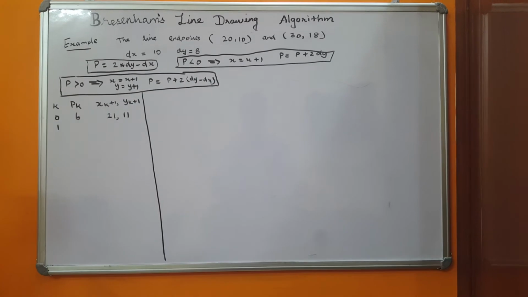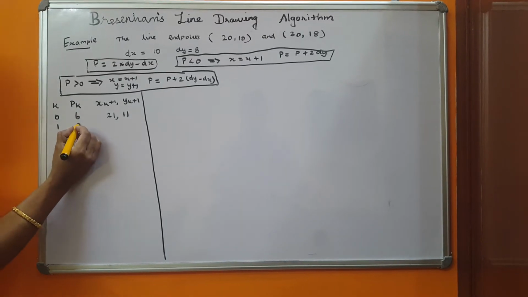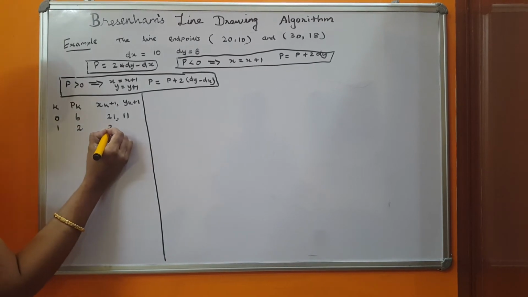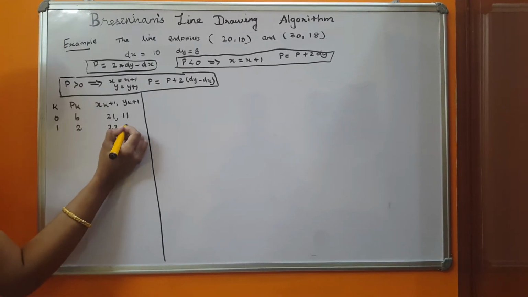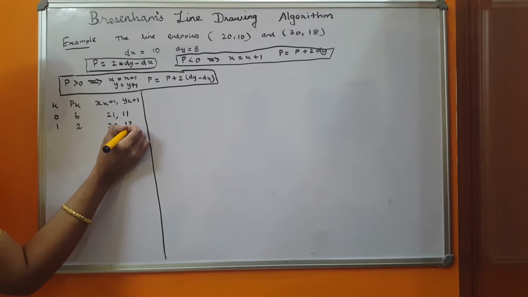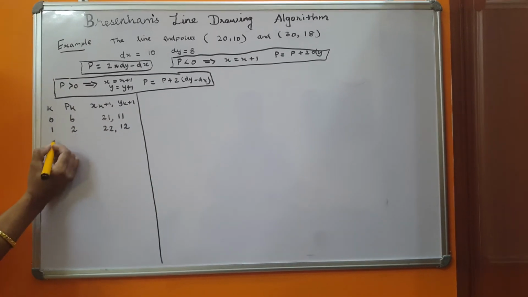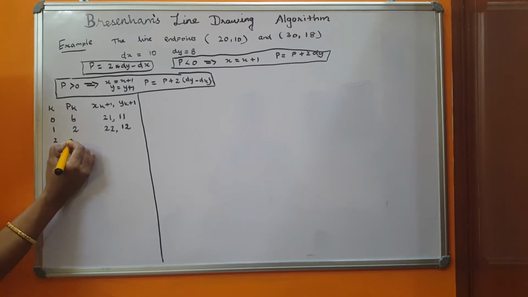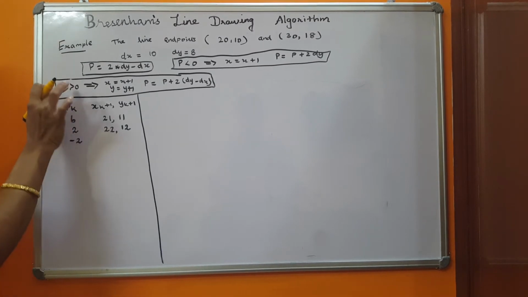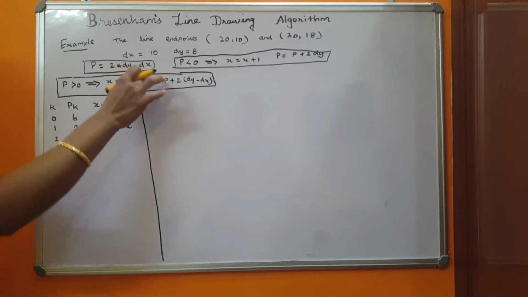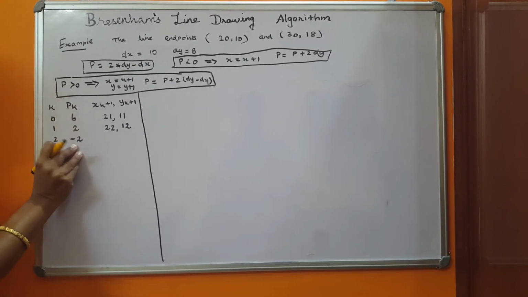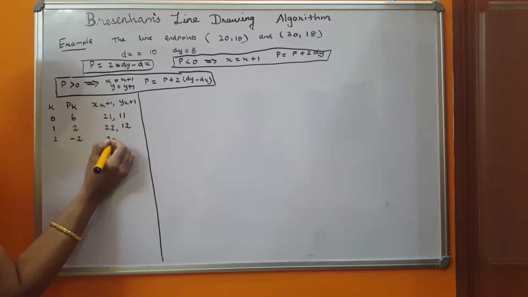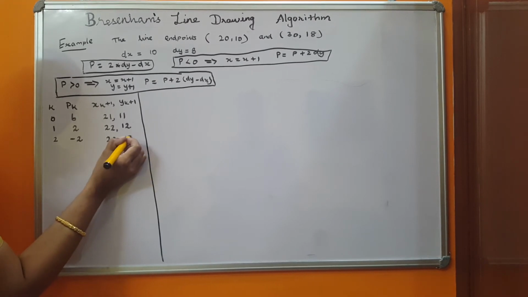Now we get p value 2, which one is greater than 0, so x incremented, y also incremented. Next step, p greater than 0, so we substitute this formula, we get minus 2, which one is less than 0, so x only incremented, y is same value.